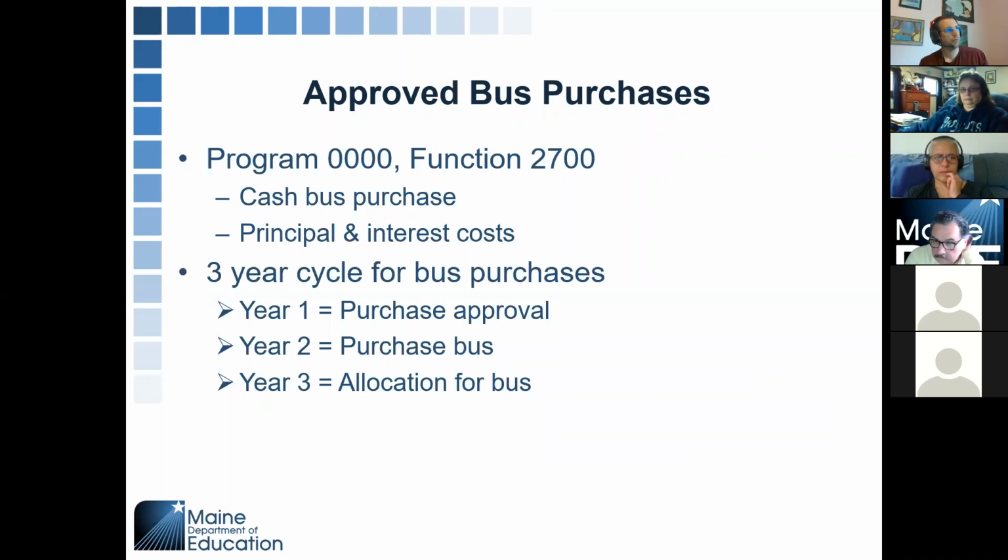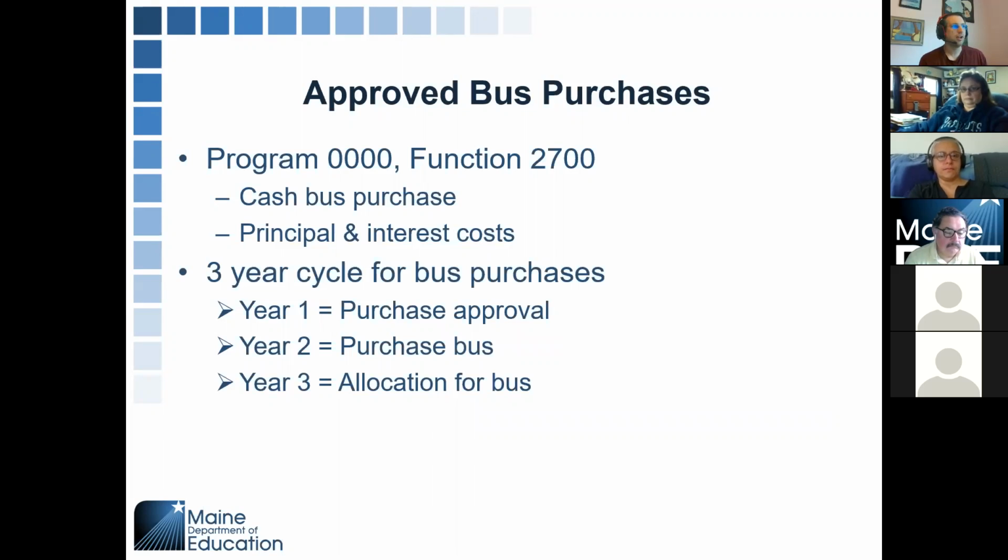So again, approved bus purchases, and I want to be very clear. It's an approved bus purchase. You can certainly work with Pat and buy a bus outside of the funding formula, but she has a particular pot of money that she's working with each year, and to my understanding she gets way more requests in a year than she actually has money to allocate.